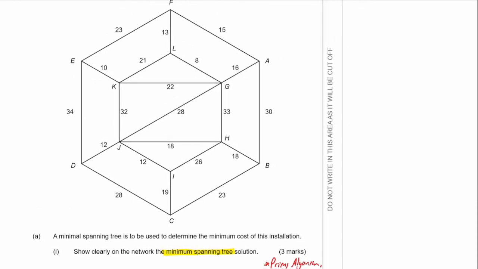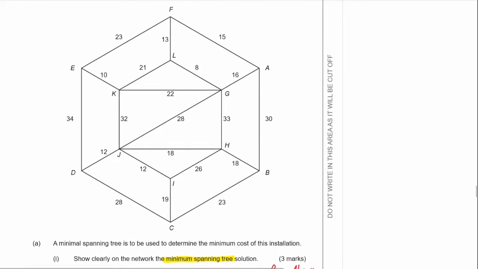What you do is you pick the smallest edge. So in this example here, I think the smallest one looks like 8. And then we'll pick the next smallest one. So after 8 comes 10. And you'll just keep picking the smallest edge as long as it doesn't create a loop or a cycle.